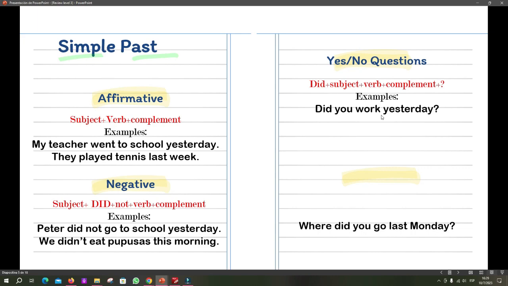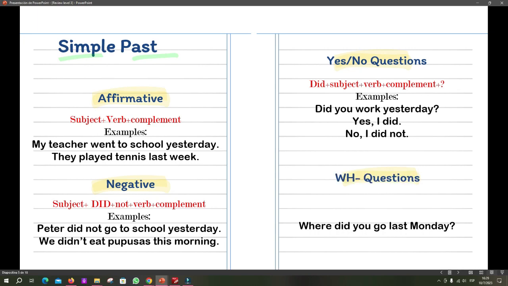Did you work yesterday? And question mark. So you can say yes, I did, or no, I did not, or I didn't, if we want to answer in that case. So, did you work yesterday? Yes, I did, or no, I did not.